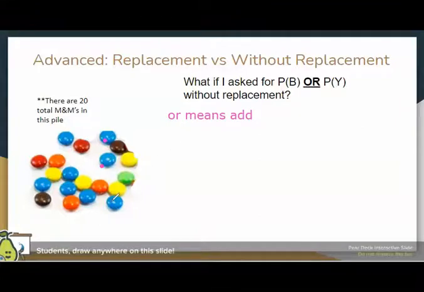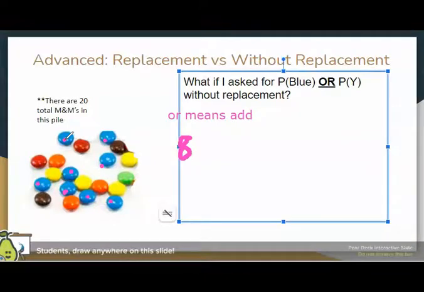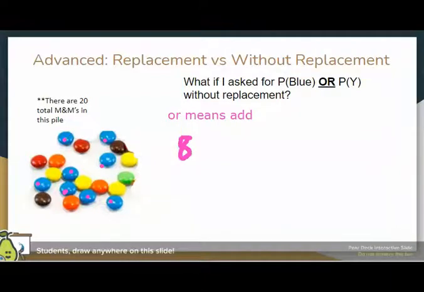So we've got 1, 2, 3, 4, 5, 6, 7, 8 out of these 20 M&Ms are blue M&Ms. All right, so for this, I'm going to do 8 over 20. And that is going to be for blue.